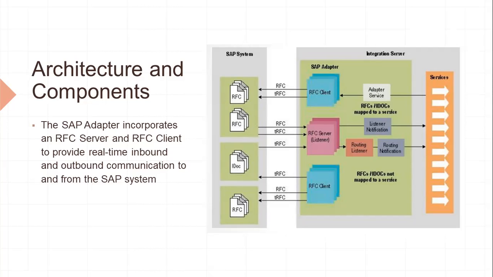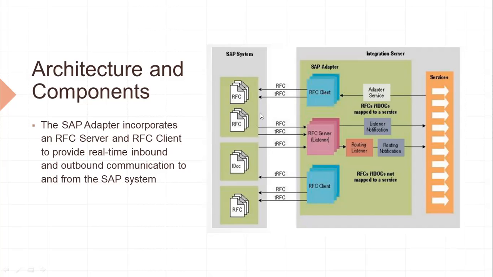And this is how the architecture generally looks from webMethods to the SAP system. The systems invoke the services, and those services internally use the webMethods adapter service, which is the SAP adapter, and that adapter service internally uses the RFC client to invoke the services in the SAP system.